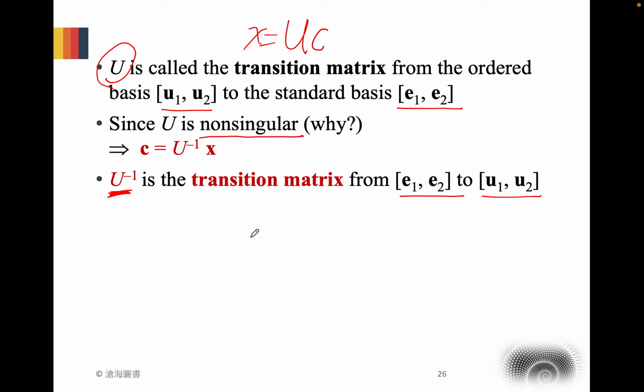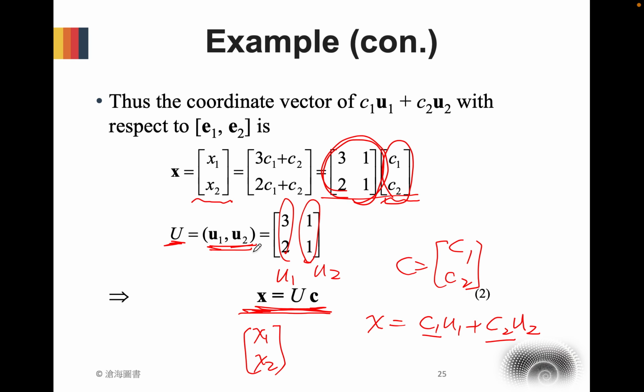Right? Okay. And now we have a little question here. Why must U be non-singular? So you can think about why. Conceptually, we know that U consists of U1 and U2 as the column vectors, right? And what are U1 and U2? U1 and U2 are the new basis vectors.